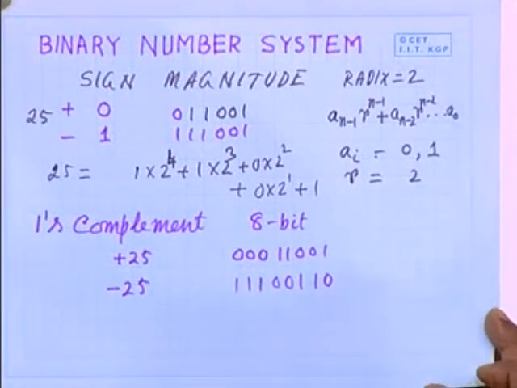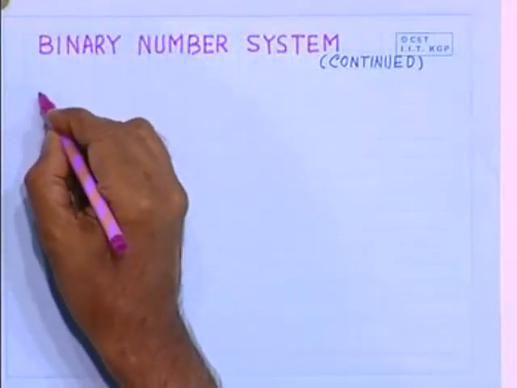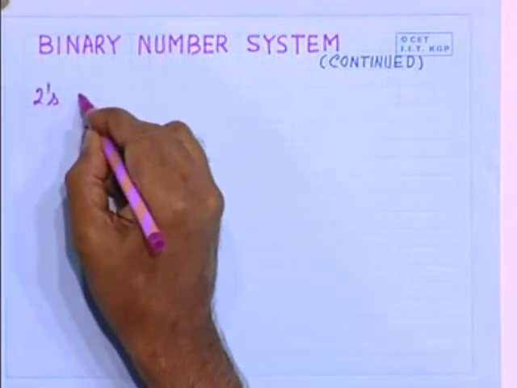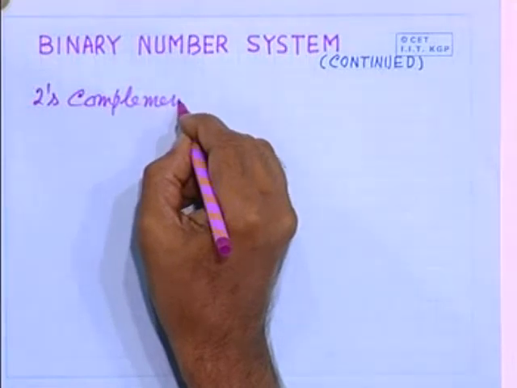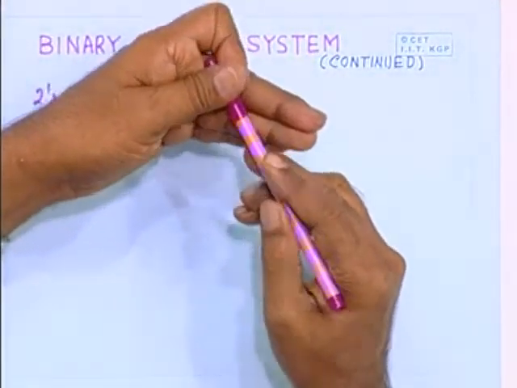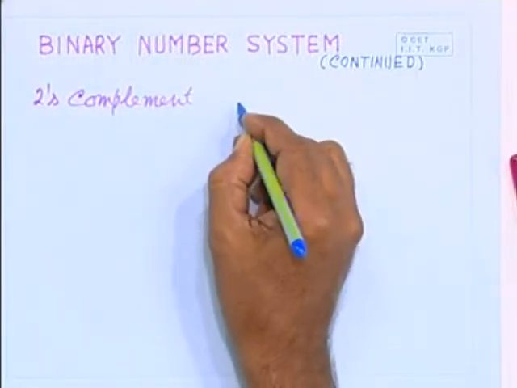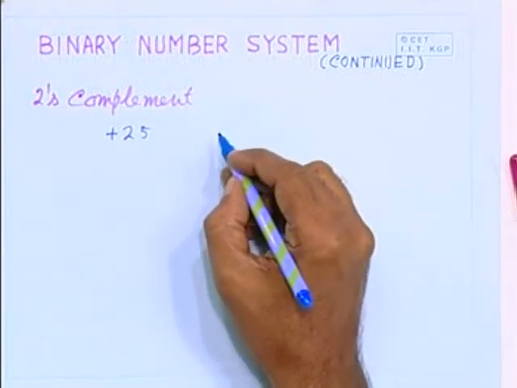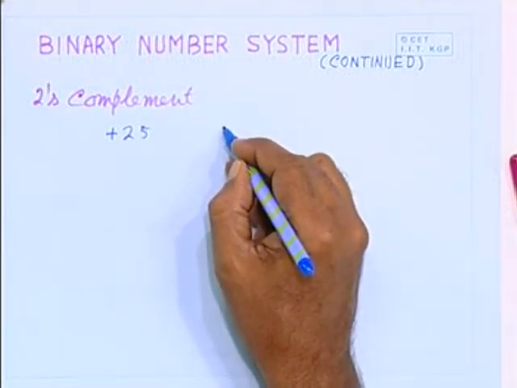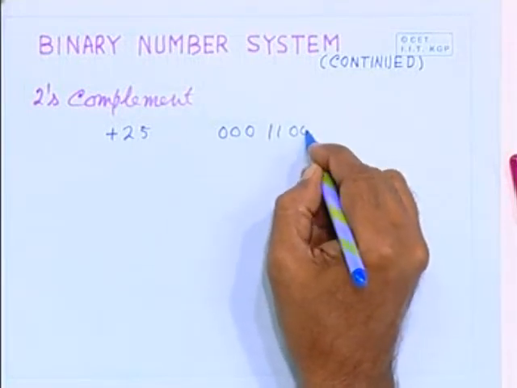And there is another alternative scheme that is used in binary number system, known as 2's complement number system. In 2's complement number system, the positive number, say plus 25, is represented in the same way, 0, 0, 0, 1, 1, 0, 0, 1.